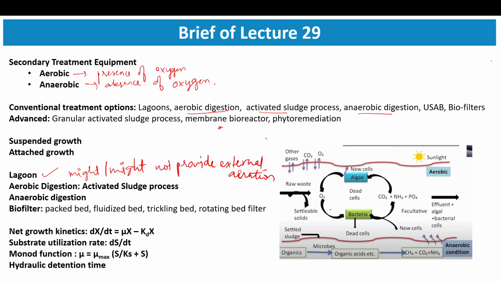This oxygen is taken up by bacteria, which might form some dead cells or new cells by consumption or degradation of the organics to form carbon dioxide and even phosphate, mainly for organics. And for ammonia you can also have changes.